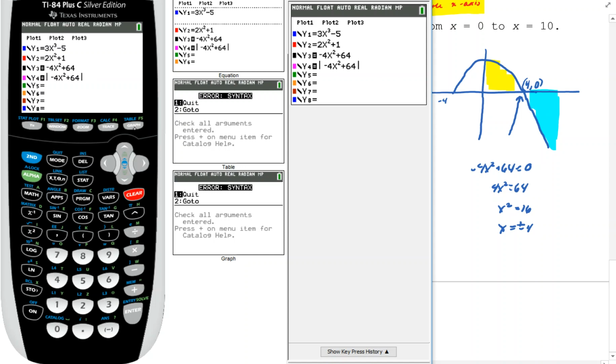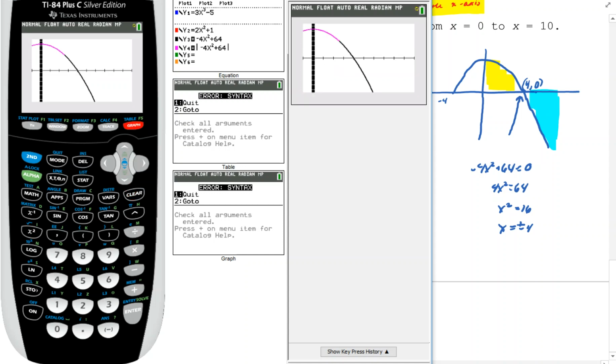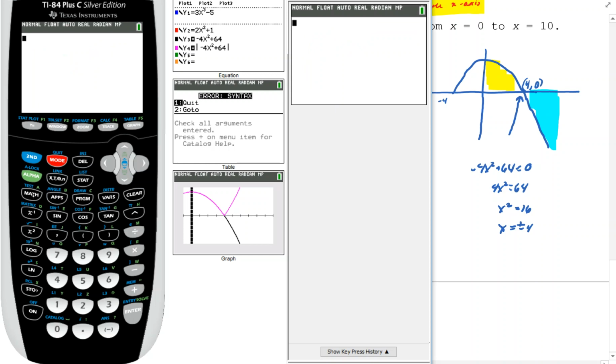And when I graph that, it looks like that.